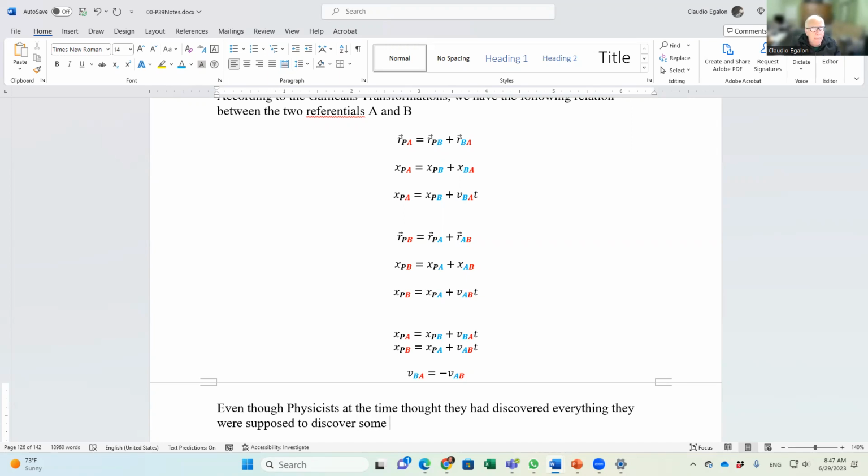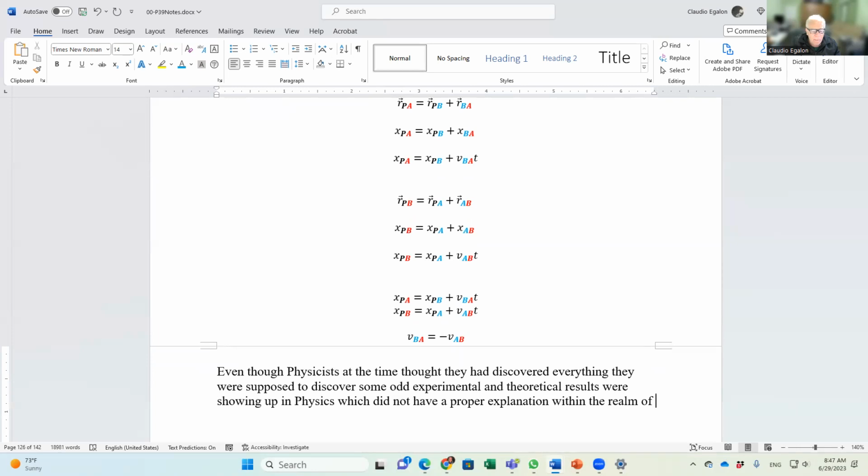Some odd results, not just experimental but also theoretical, were showing up in physics, which did not have a proper explanation within the realm of classical mechanics.